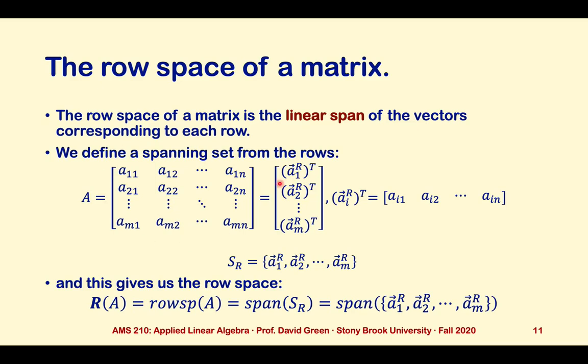So we take a matrix and we define a vector associated with each row of this matrix. We define a set of those vectors, and the row space is just the span of all of those. Right?